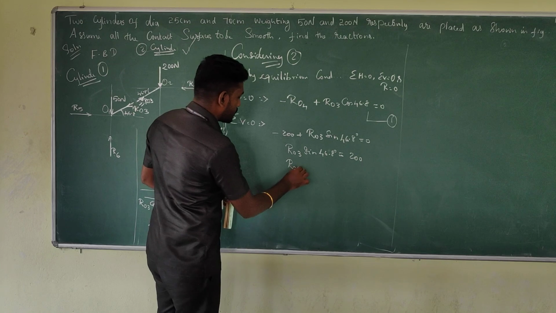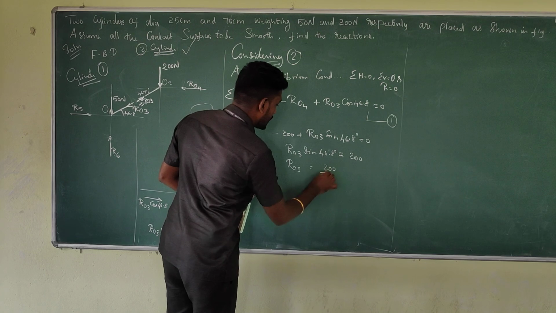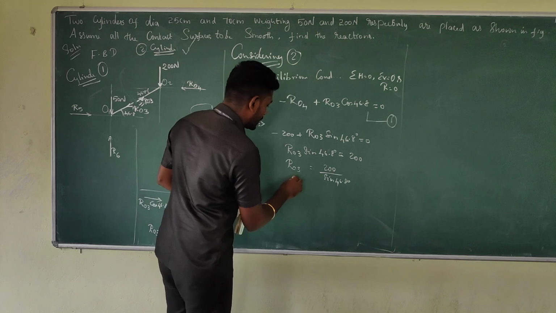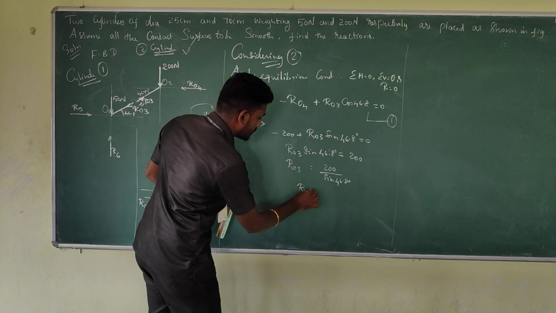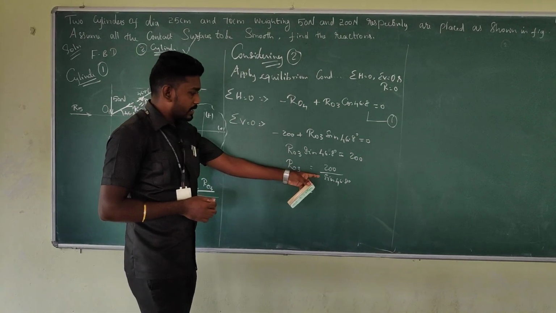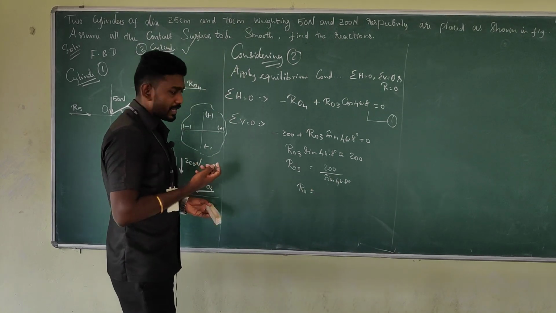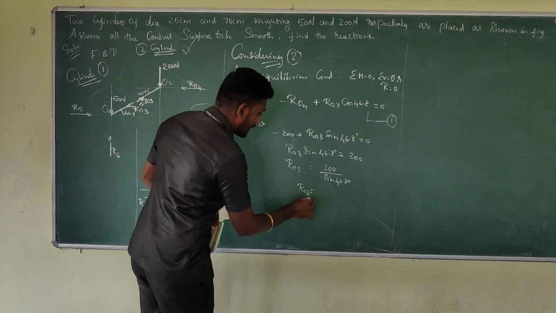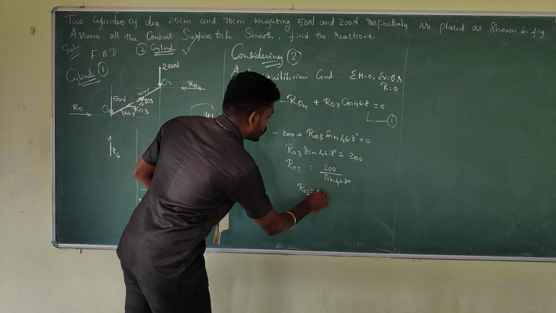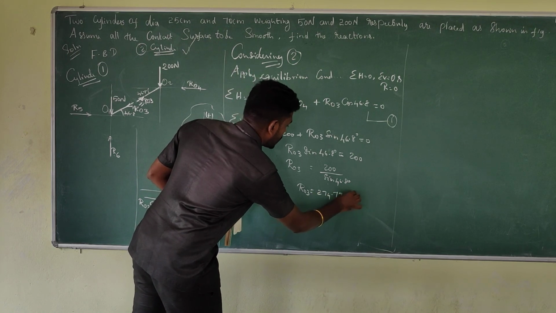So RO3 is equal to 200 divided by sine 46.8 degree. Doing the calculation, we get a magnitude of RO3 in Newton, roughly 274.73 Newton.